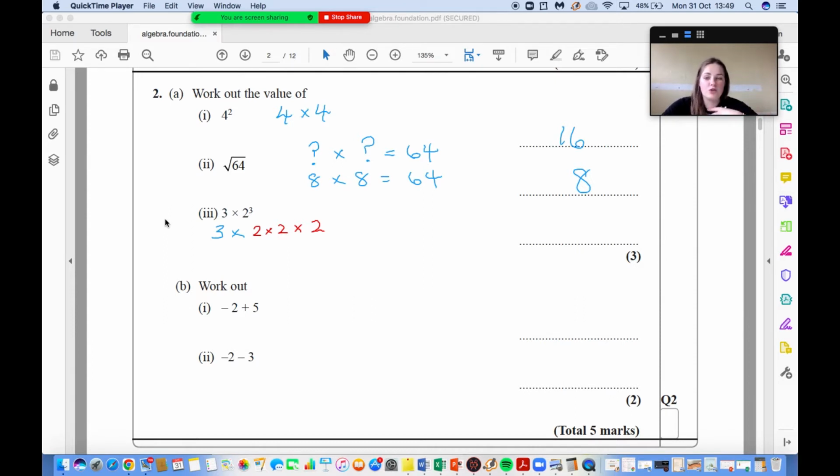Or what I would do, which is a bit easier personally, is you can do the 2 times 2 times 2 first. Okay, so 2 times 2 is 4, 4 times 2 is 8. Okay, so then you are left with 3 times 8. And hopefully, because you should all know your multiplication tables at least up to 12, 3 times 8 is 24. Okay, all done. And you get all 3 marks there.